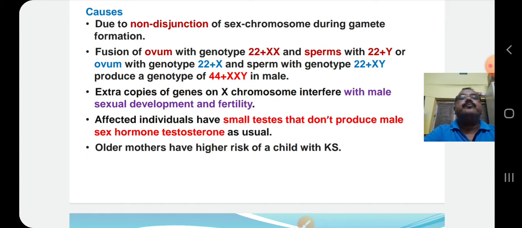Presence of extra copies of genes on the X chromosome interferes with male sexual development and fertility. The affected individuals have small testes that do not produce the sex hormone testosterone as usual. Older mothers have a higher risk of a child with Klinefelter syndrome.